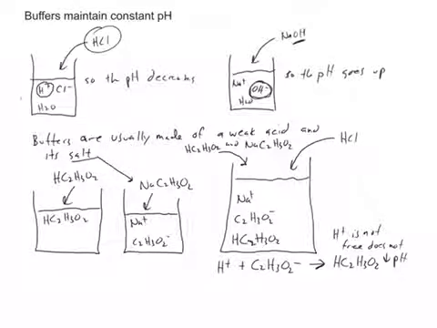Okay? So now we've absorbed the hydrogen ions. Remember, when we add HCl, it's really the same as just adding H plus. All right, let's get rid of HCl. And what happens if we added a base like sodium hydroxide?